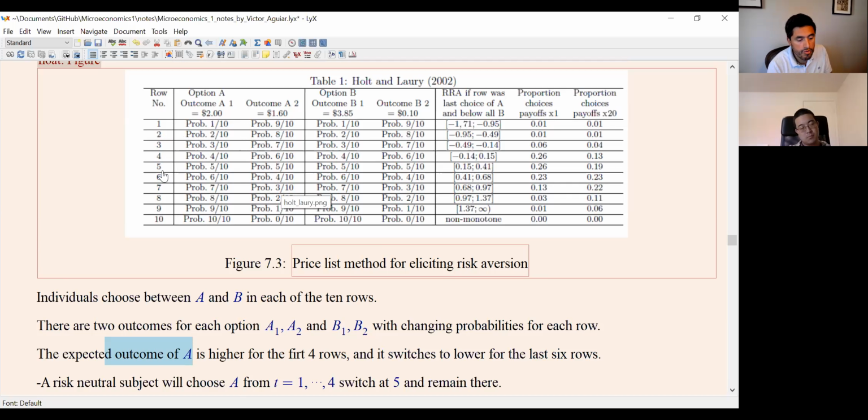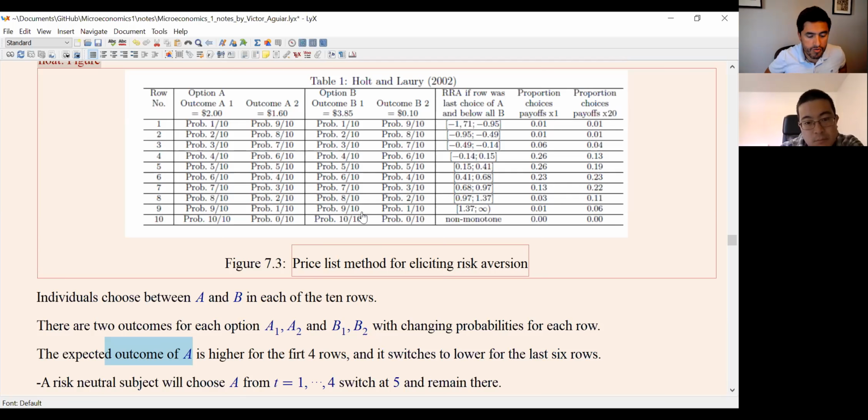Got it? And then you do the same for the risk loving guys. The risk neutral guy flips at 4, so at row 4 they go to option B. Now from 5 to 10, if someone delays the switching and switches later, for instance at 7, 8, 9 or 10, this person is way more risk loving, right? In particular, if they switch at 10, they have a very extreme risk loving parameter.